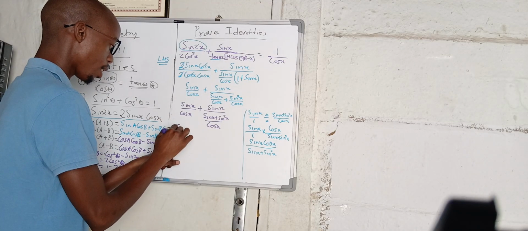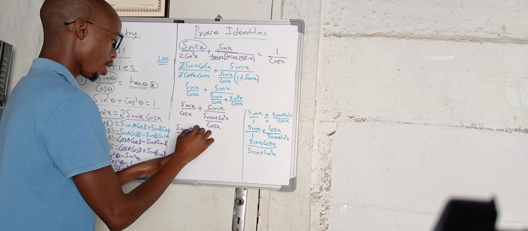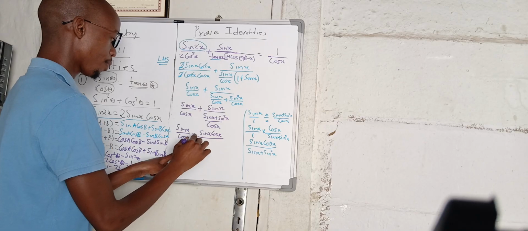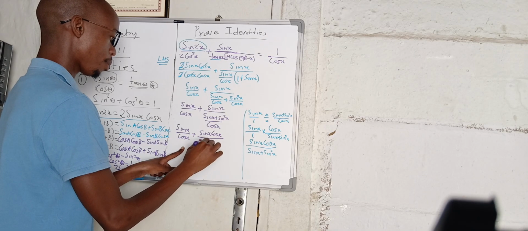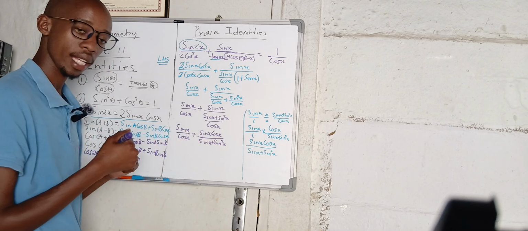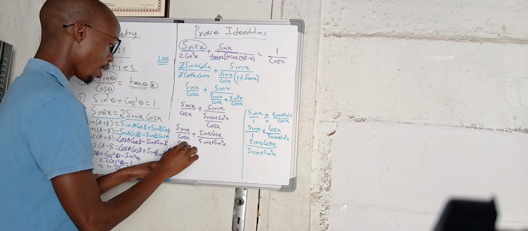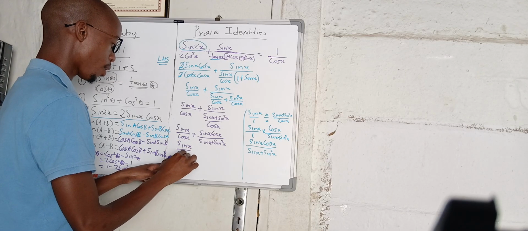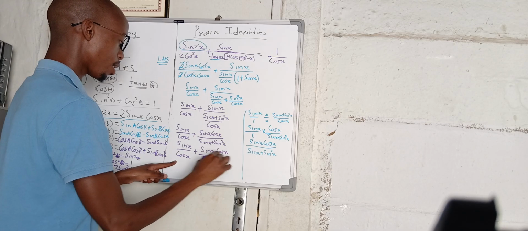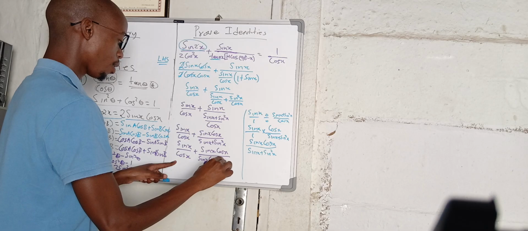What is it that I'm going to get? I'll end up having sine x over cos x plus sine x cos x all over sine x plus sine squared x. So here in the denominator I can take out my common factor, which is sine. So I'll end up having sine x all over cos x plus sine x cos x. In the denominator I have sine x into 1 plus sine x.